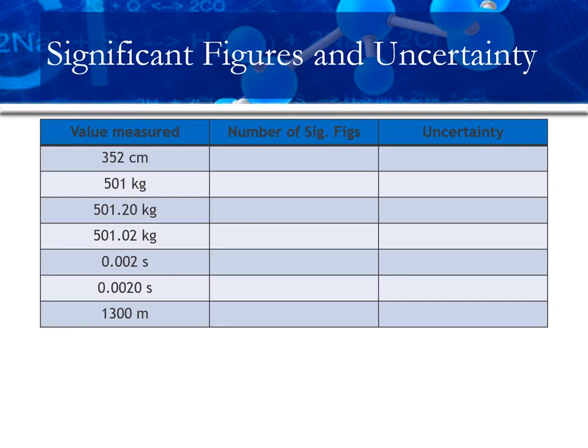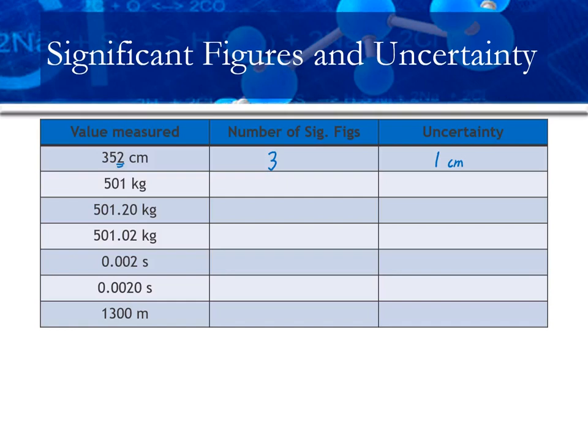So in our first number, 352 centimeters, there's never any ambiguity when the digits are non-zero. When they're non-zero, all non-zero digits are significant. So this has 3 significant figures, and the uncertainty determined by this last digit is 1 centimeter.